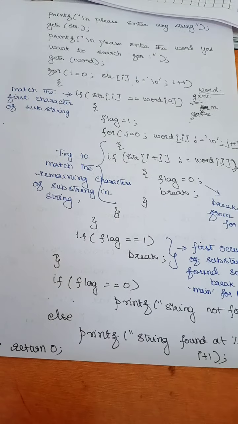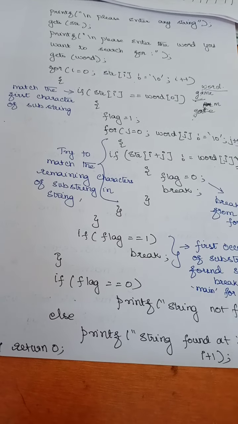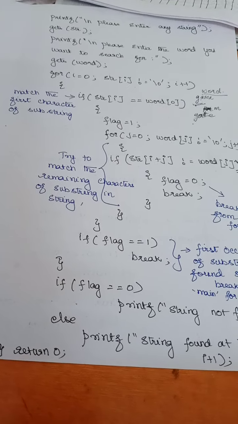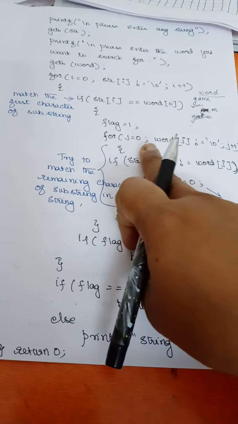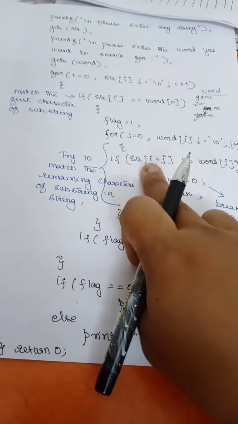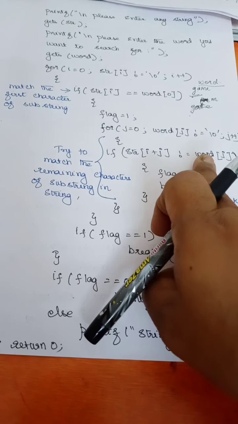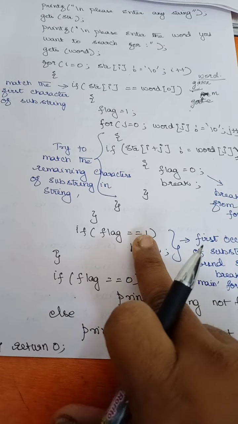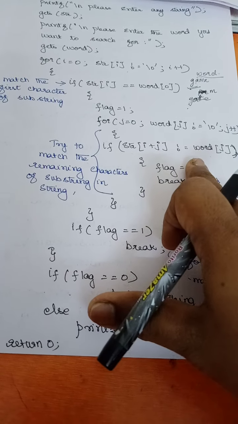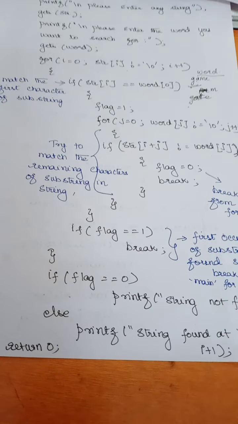Because the word is going to be an array of characters, so I need to match character by character, because I need to match the substring with my original array. So this for loop is for matching your entire substring with the array contents, right? Only if all the characters match, then I am making my flag equal to 1. Even if one character is not matching in between, I am making my flag equal to 0 and breaking out of this for loop.